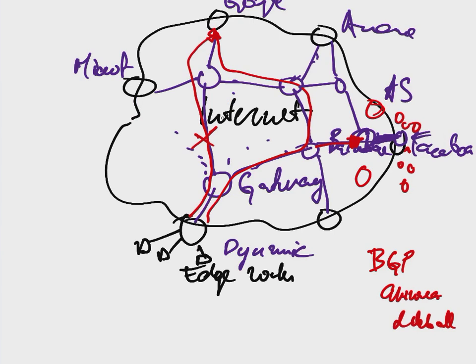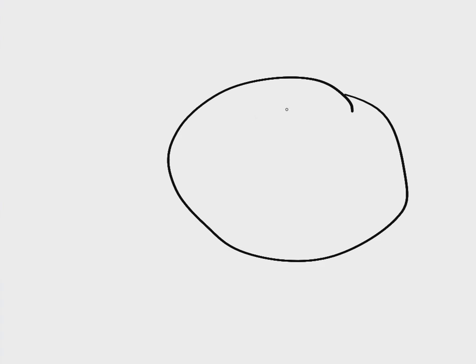And sometimes there may be some cases when it was done on purpose. For example, if you look around the world, somewhere here is Europe, and somewhere here is USA, or let's say somewhere here is China.